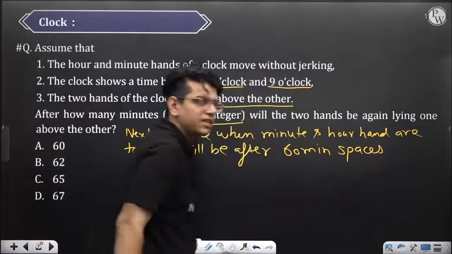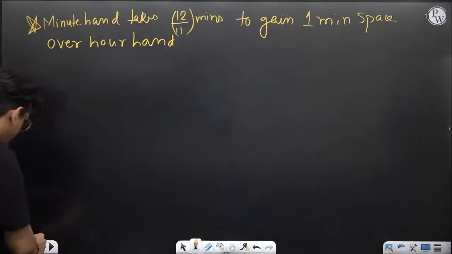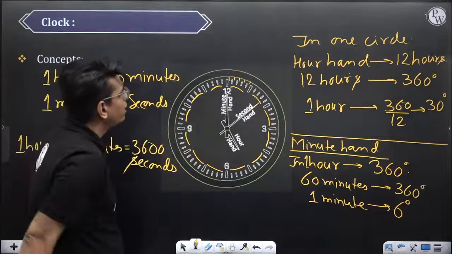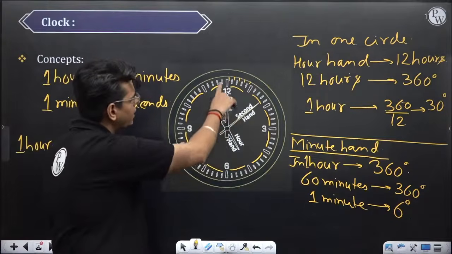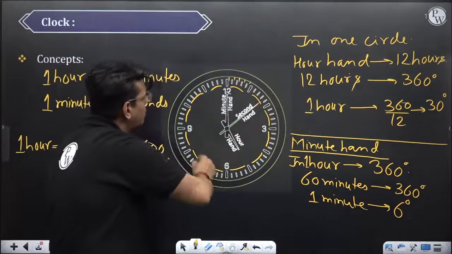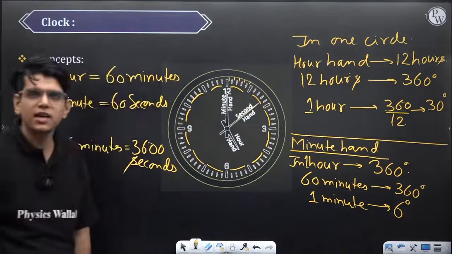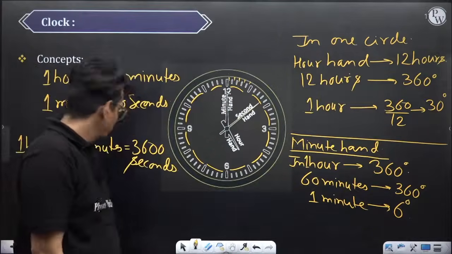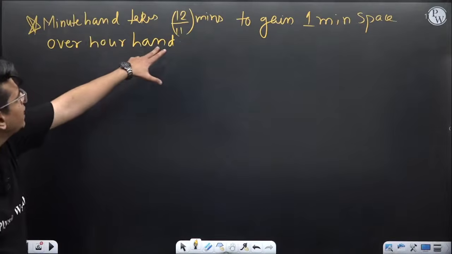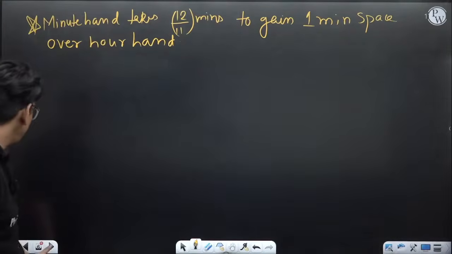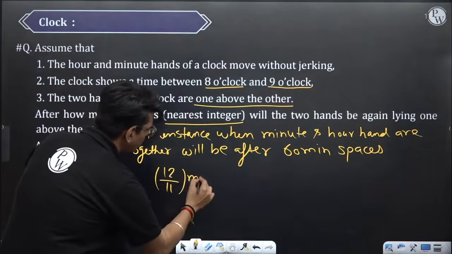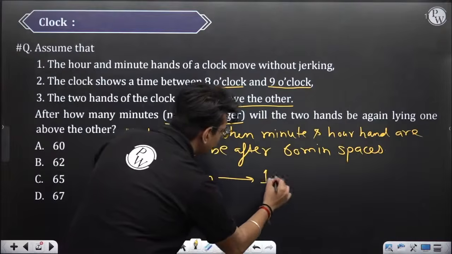There are 60 minute spaces. If the minute and hour hands are at 12 noon together, the minute hand will have to gain over the hour hand by 60 minute spaces again to come together, right? So in this case, it is taking 12 by 11 minutes to gain 1 minute space, right? 12 by 11 minutes for 1 minute space.